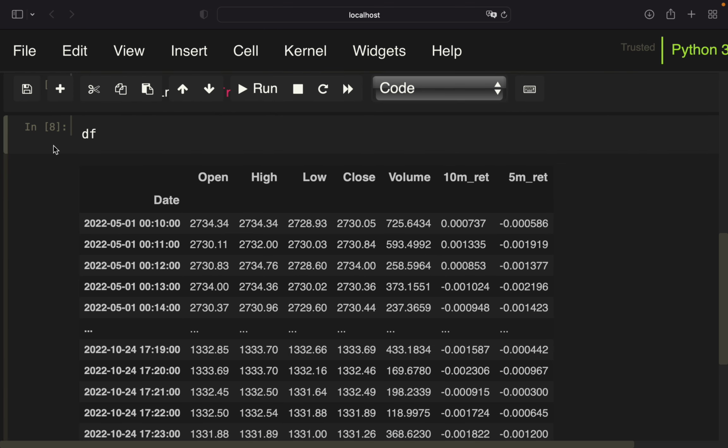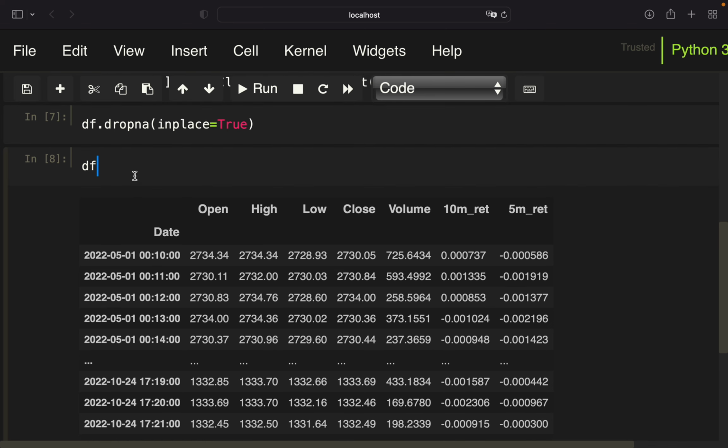Now let's define the buying signal, and the buying signal I'm also storing in a column here, just calling that signal. And now I'm checking for the 10-minute return being above 0 and the 5-minute return being below minus 1.5%.